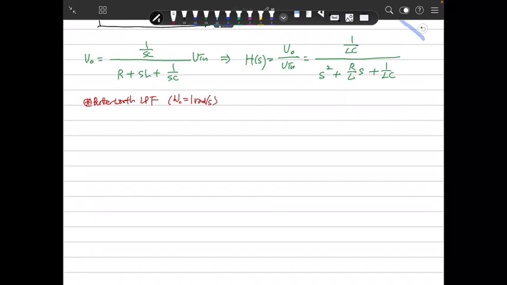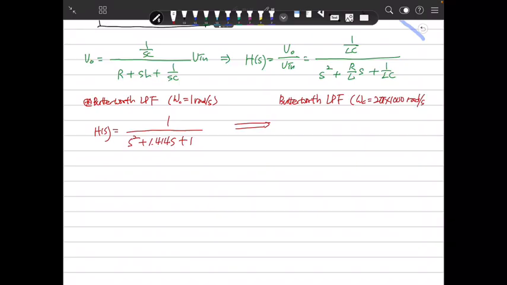The form is H(s) = 1 over s squared plus 1.414 s plus 1. This is another form. So if you change the Butterworth low-pass filter so that omega C is 2 pi times 1000 radians per second, how can you do that?